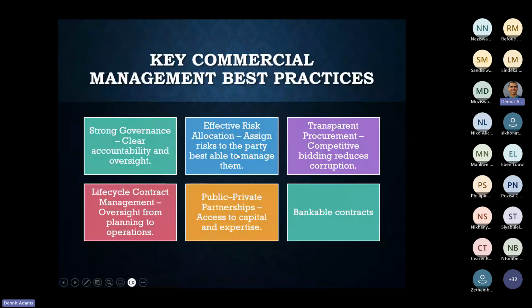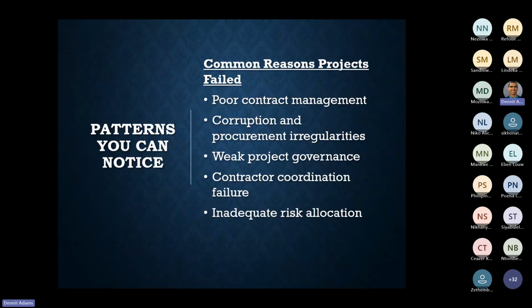If you know the best practice, you can just flip it: if you say weak governance, then the best practice is strong governance. That's not for this test today. It's more for your final, but also for your analysis of different projects. You can look at these factors and go, okay, is this good or bad, strong or weak?